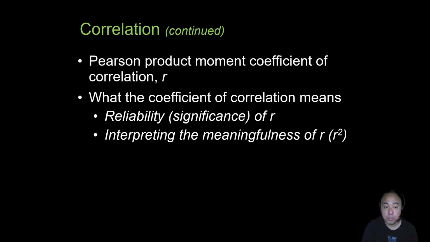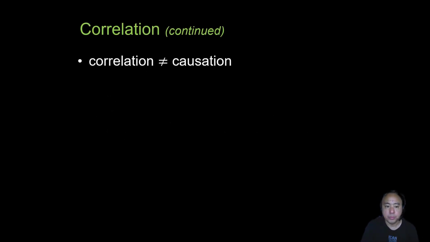So as I mentioned, the Pearson product moment coefficient of correlation is sometimes known as the PMCC, or simply denoted by r. It is a measure of reliability, and it gives the researcher a measure of effect, like how meaningful and how big of an effect does one variable have over another.